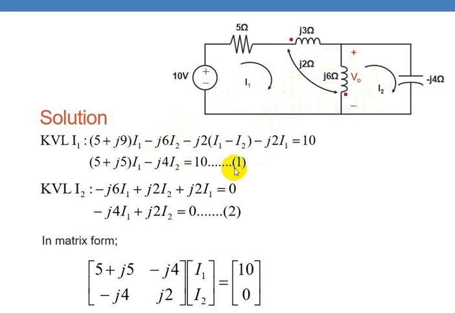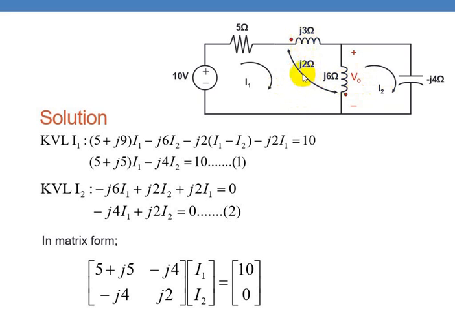Then the mutual inductance equations. So here, first let us write for this. The mutual inductance J2 into the current, you have to multiply by the current that is flowing in the neighboring coil. That is, in this coil the current is I1 minus I2, but you are writing for mesh 1.